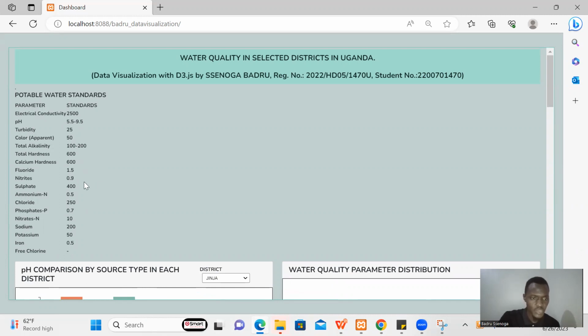Meaning those 18 sample points may contribute to the water not being of good quality, so it has to be worked on. And then ammonium, the standard is 0.5, and there were 9 sample points over 0.5. Then sulfate, the standard is 0.7, but there were 2 sample points over 0.7.